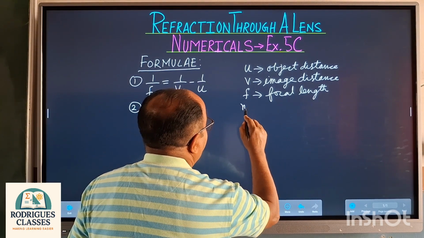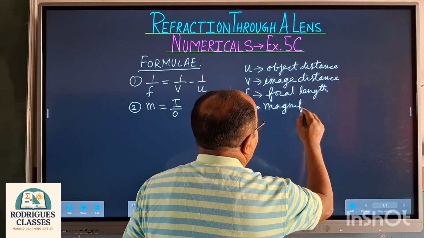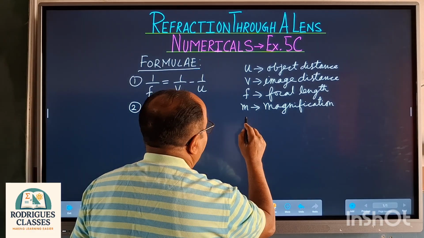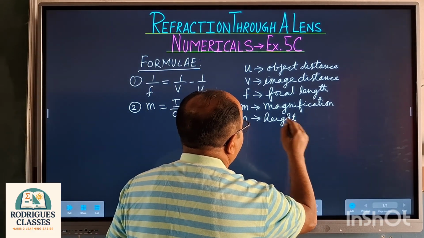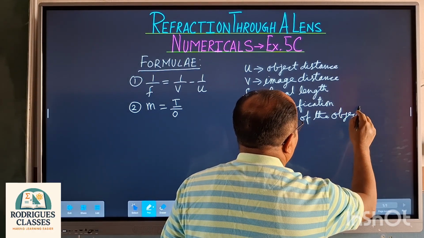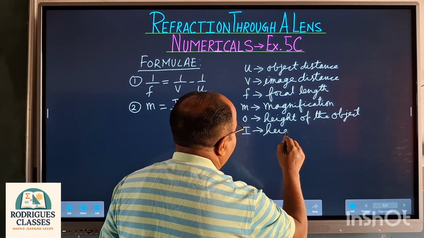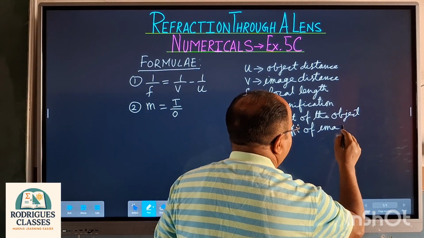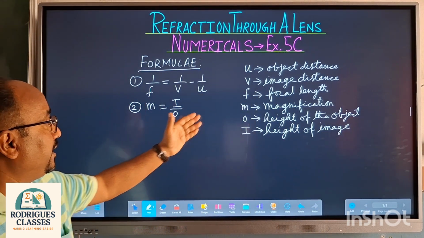So here we are coming across m, which is magnification. Then we have O, which is height of the object, and I is height of the image. So those are the things which we have come across here.